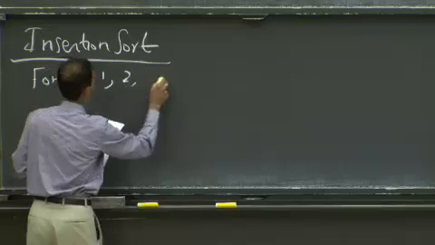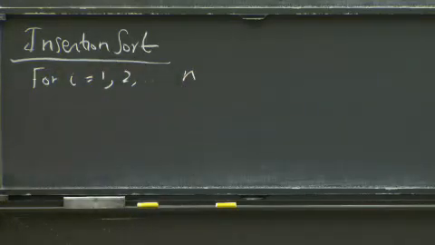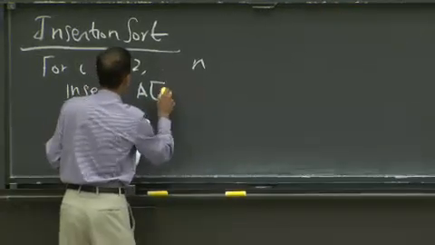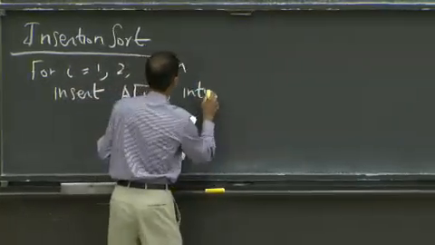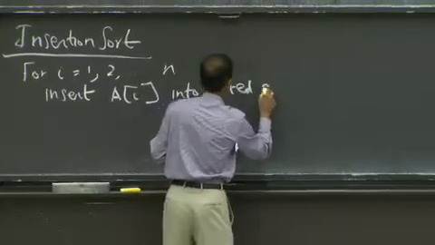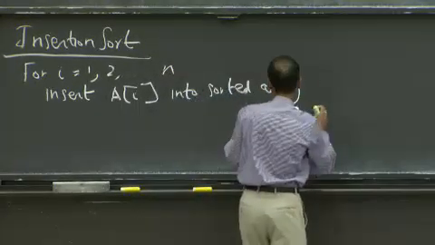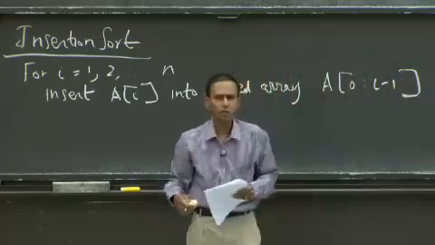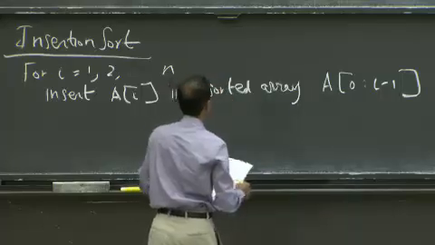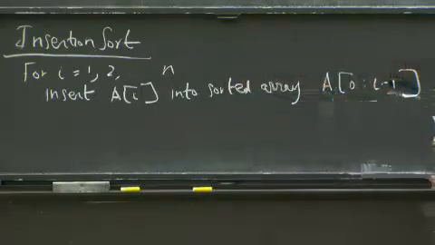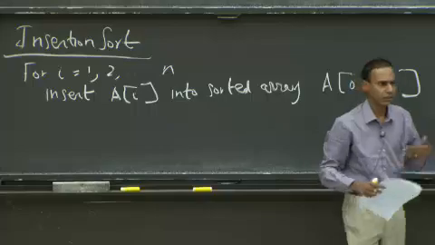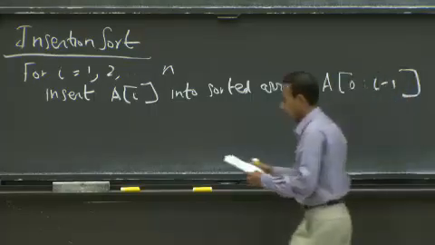For i equals 1, 2 through n, given an input to be sorted, what we're going to do is insert A of i in the right position. We're going to assume that we are midway through the sorting process, where we have sorted A[0] through A[i minus 1], and we're going to expand this array to have i plus 1 elements, and A of i is going to get inserted into the correct position.